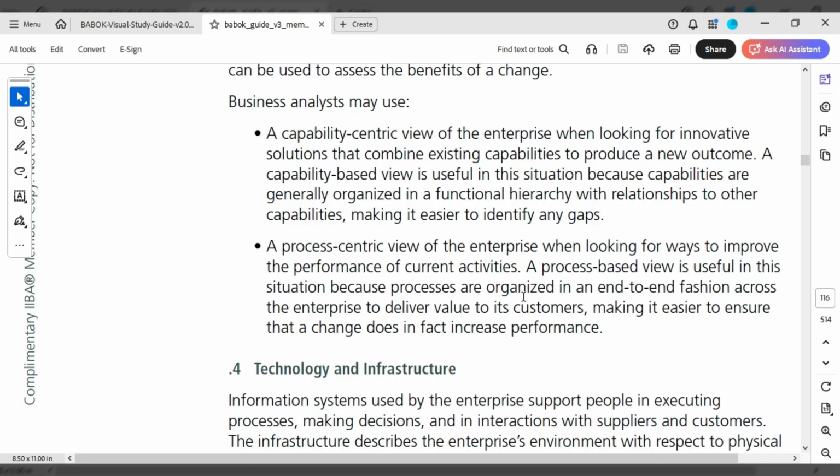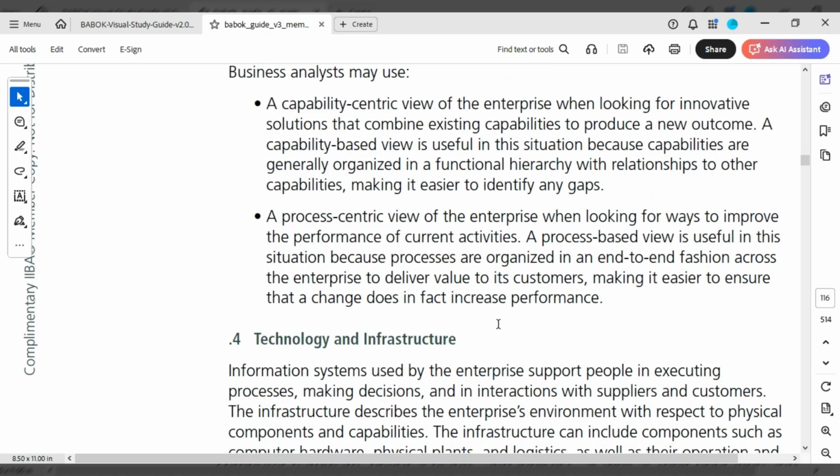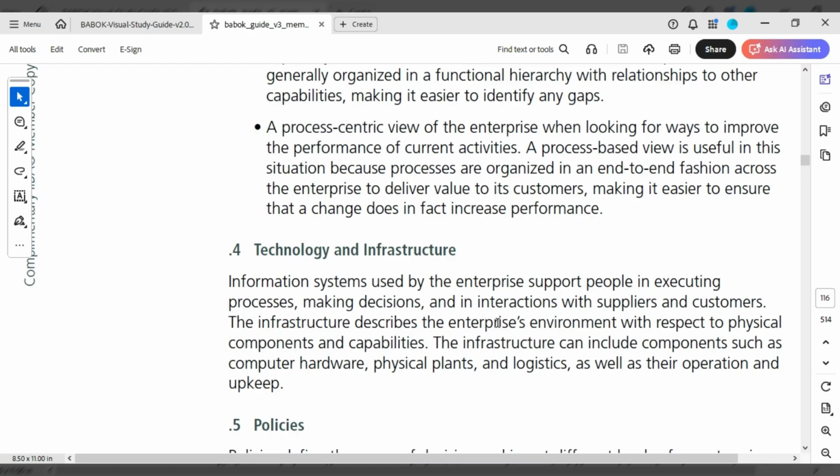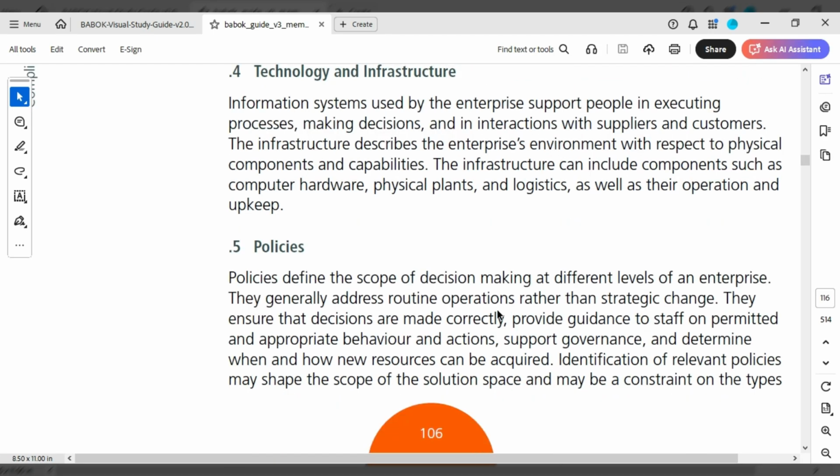A process based view is useful in this situation because processes are organized in an end to end fashion across the enterprise to deliver value to its customers, making it easier to ensure that a change does in fact increase performance. So it could be process, it could be capability. So capability, you're looking at what they can do currently. Then process, you're looking at their process. Okay. Technology and infrastructure.